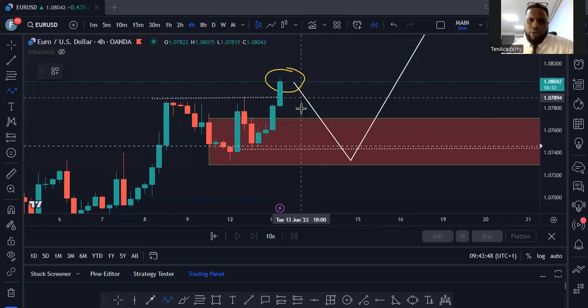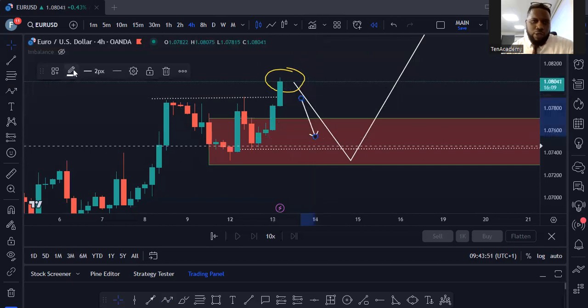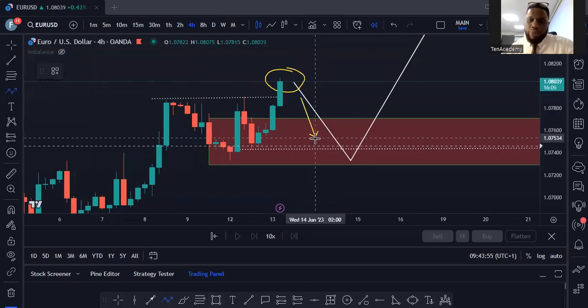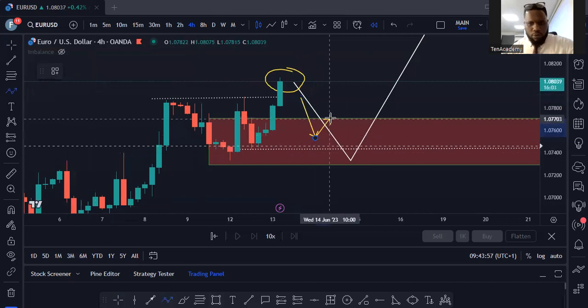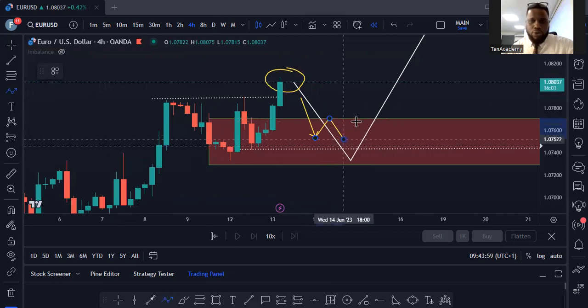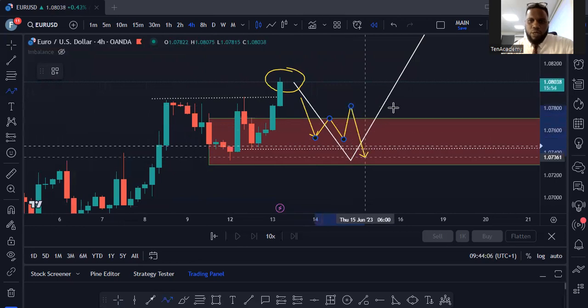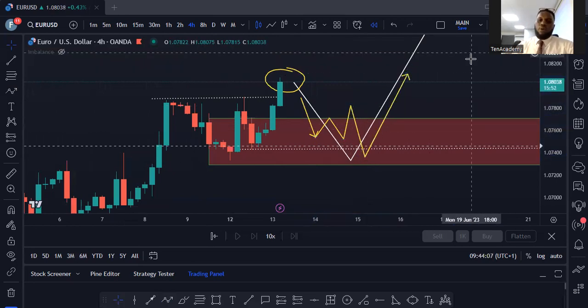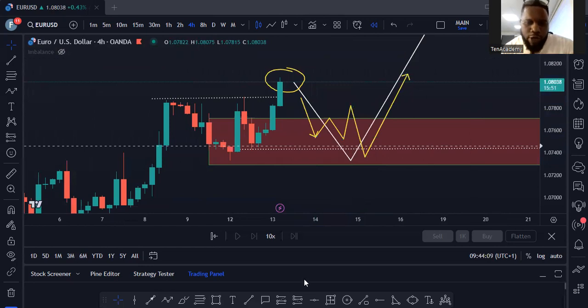So I'll look for something that looks like this. On 15 minutes, you want to see buyer's pressure, like a double bottom. It should take out structure, then price will come below the zone, and then you buy from there. All right, hope that makes sense.